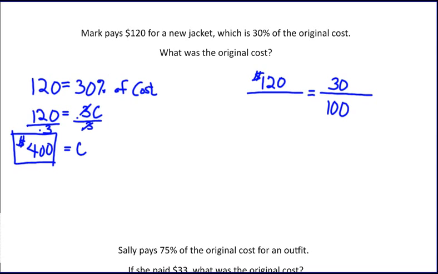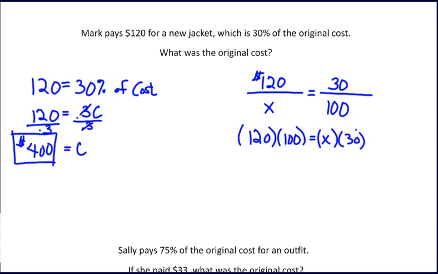And we want to know what the coat cost in the first place. So solving this proportion, we will have 120 times 100 is equal to x times 30.